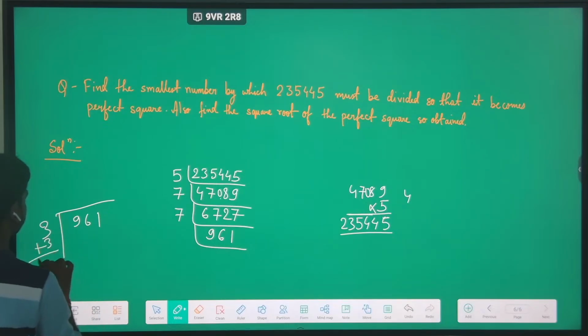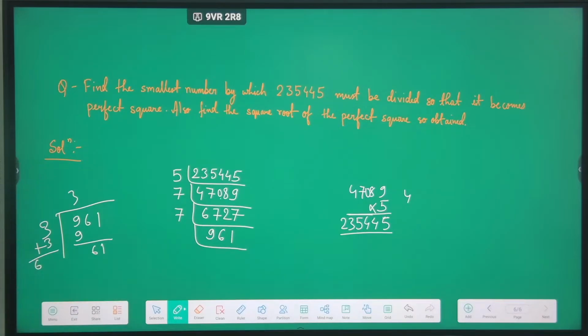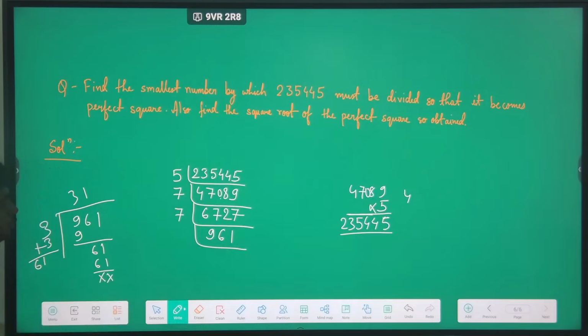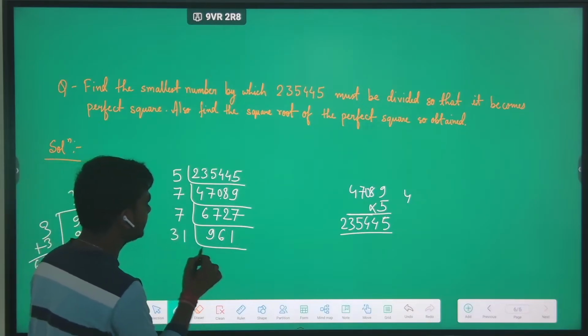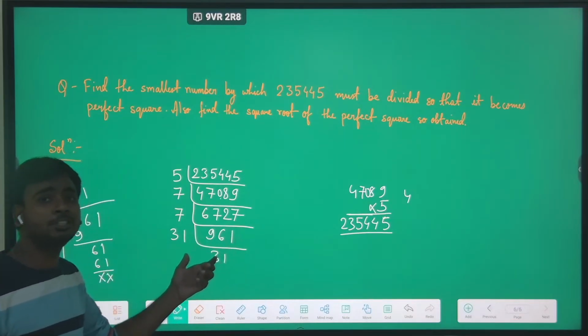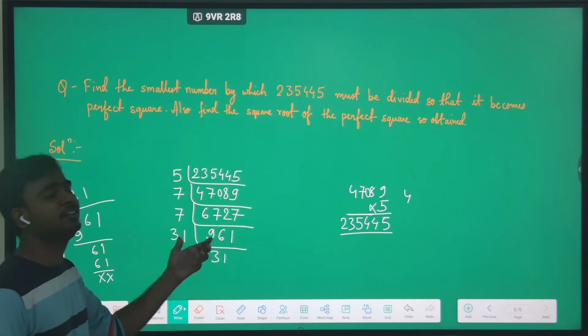3 into 3 is 9, and 6 1, so it is the square root of 31. So we can write it as 31 into 31. Okay. There will come certain numbers for which we are unable to find the square root.